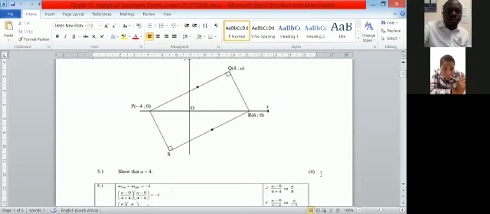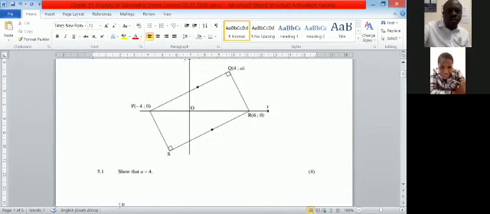Let me write this for you here. In maths we normally say M, and then M subscript PQ, is equal to a fraction.